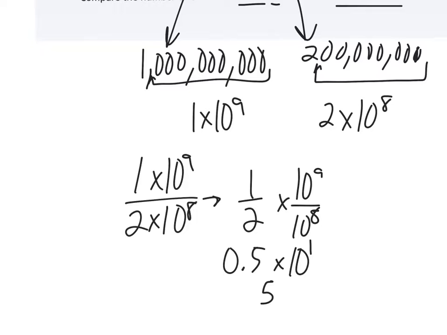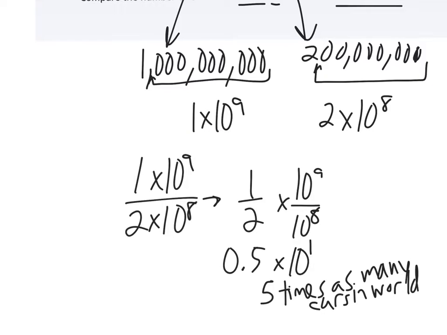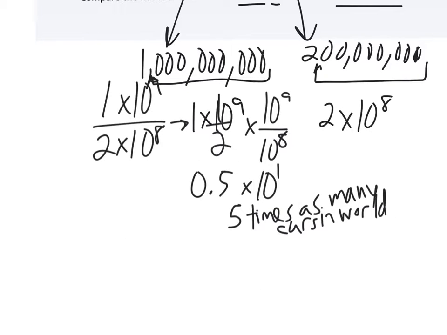So what that means is 5 times as many cars in the world as in the United States. Or another way of thinking about that, the United States has about 1/5 or 20% of the world's cars, which is definitely more, per person, than most other countries, if not all other countries, have.